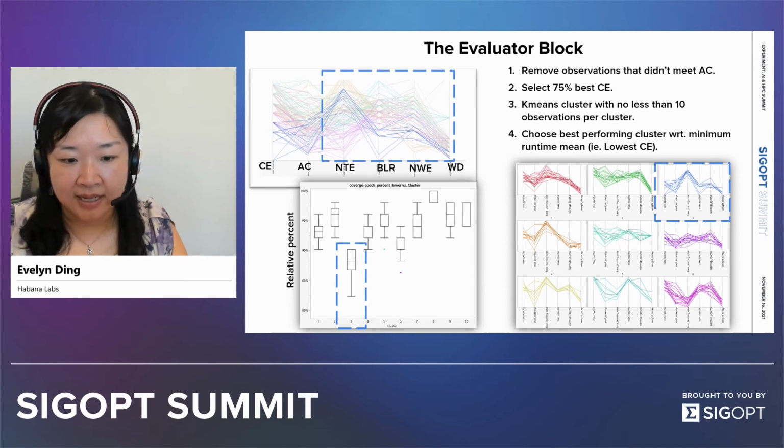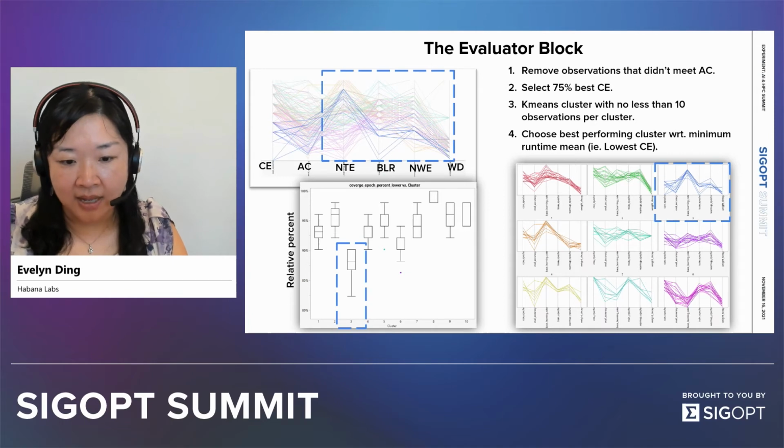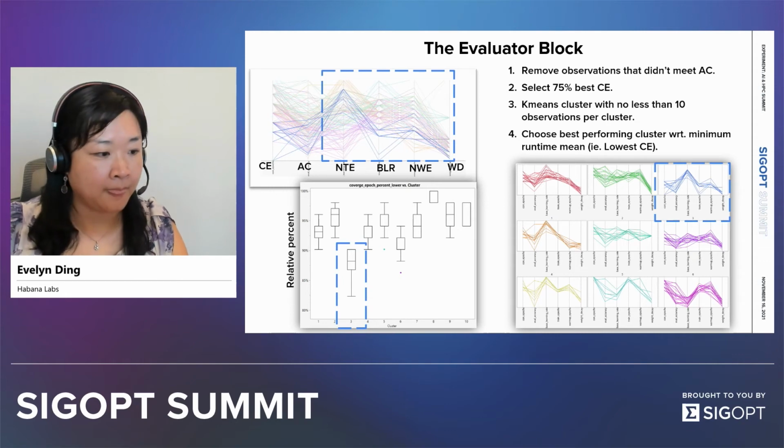We can see from the left bottom chart, the box plot, which is a good illustration to easily see which cluster has the minimum runtime mean. The one highlighted in blue in the box chart is the one we select as our best cluster, for example.